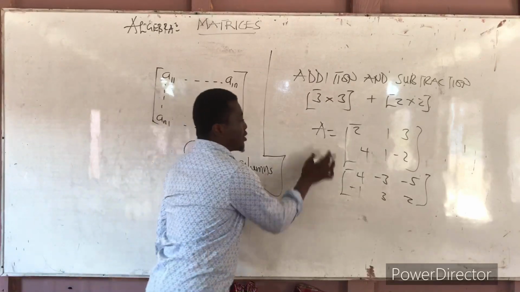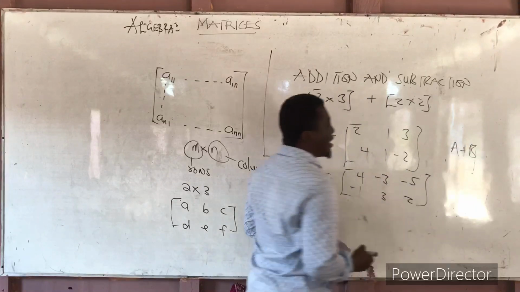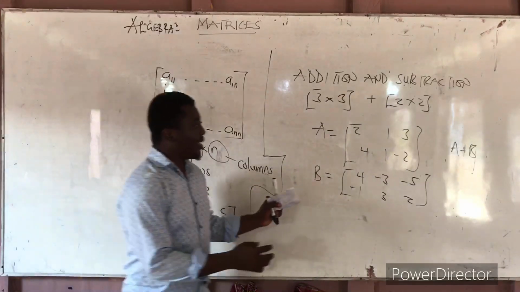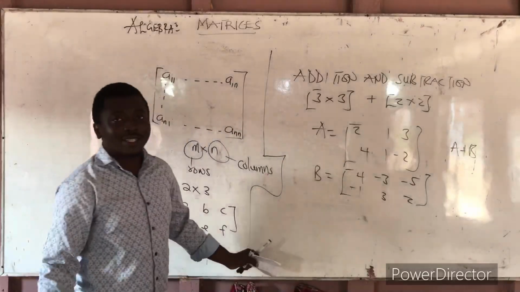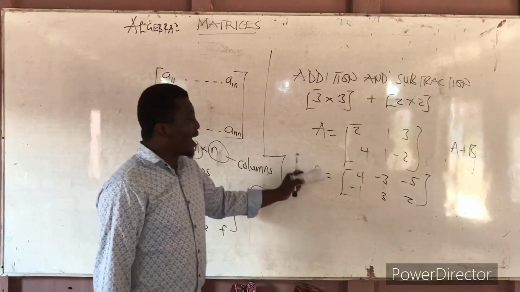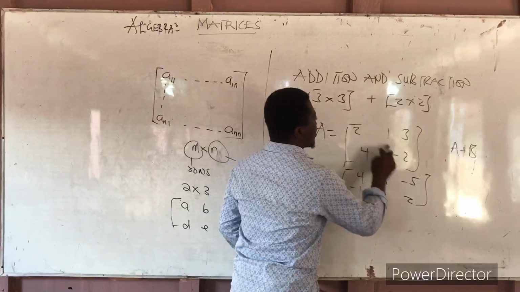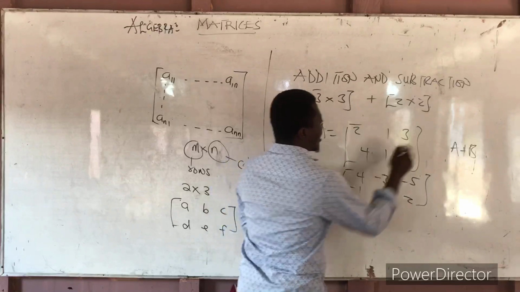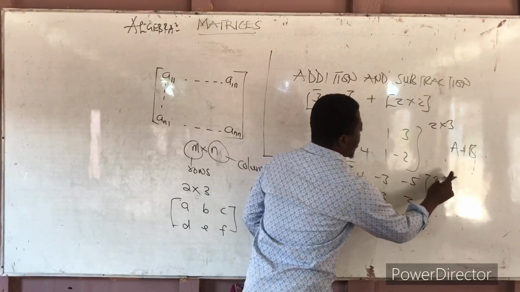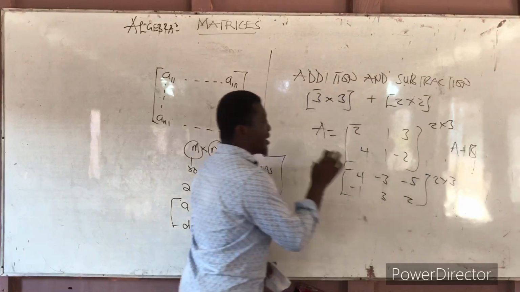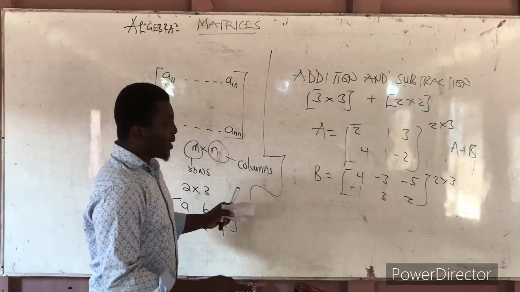So with these 2 matrices, when they ask me to find A plus B, the first thing I have to do is check if their dimensions are the same. If the dimensions are not the same, I can't add these 2 matrices. So this is 2 rows, 3 columns, so this is 2 by 3. Let me check this one: 2 rows, 3 columns. So 2 by 3, meaning their dimensions are the same. I can easily add and subtract.